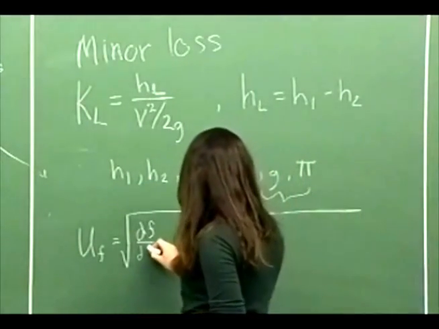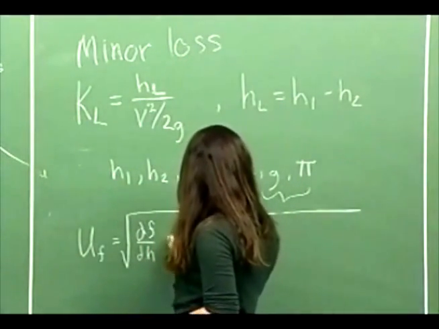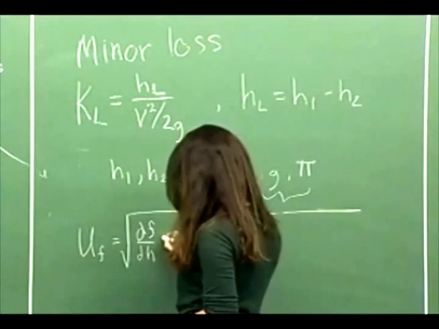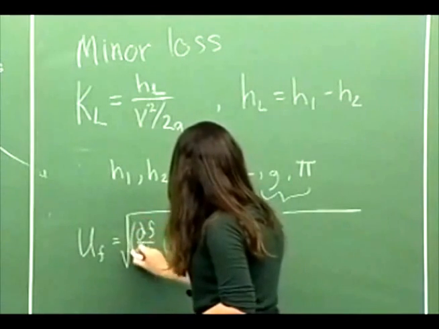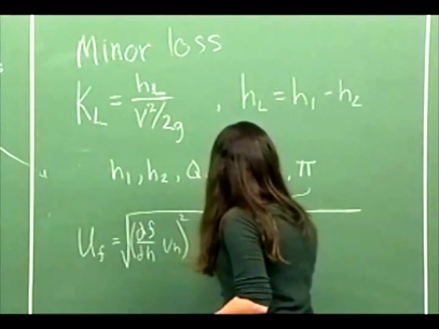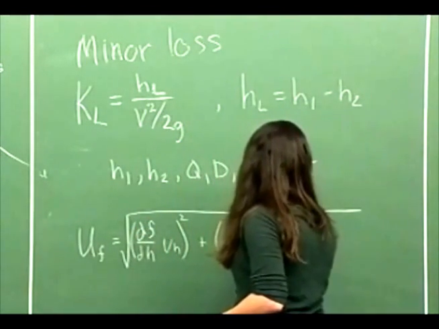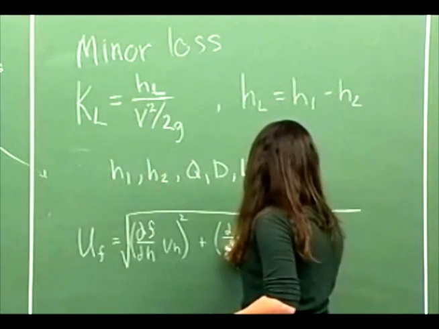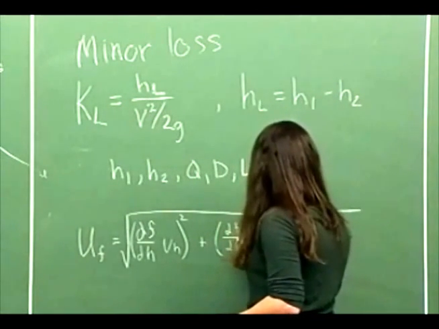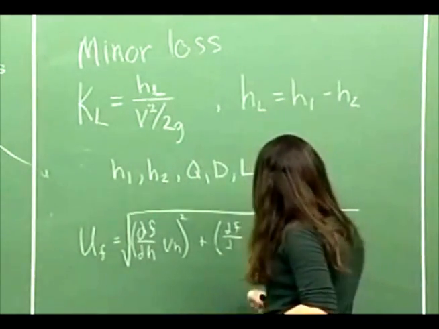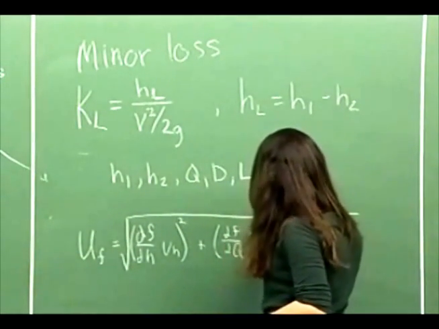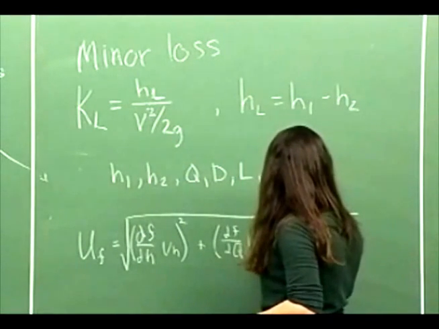So for this, I'll just show you H times the uncertainty of H. This is squared, plus partial derivative of the friction factor with respect to Q, times the uncertainty of Q.